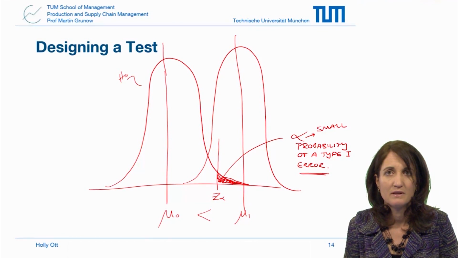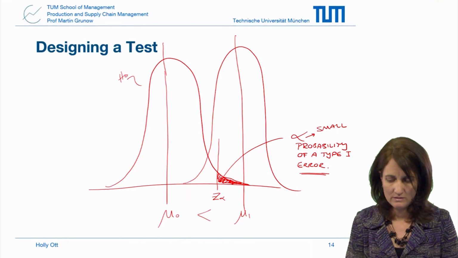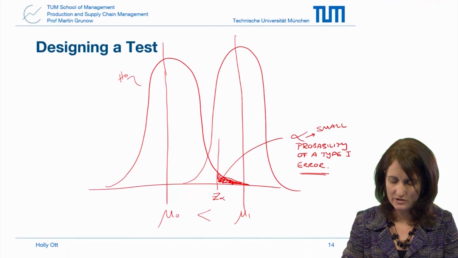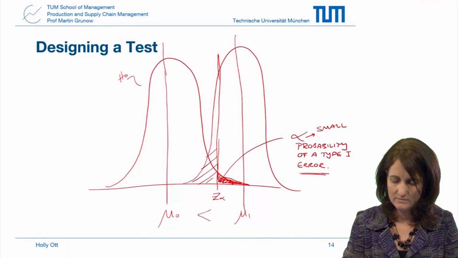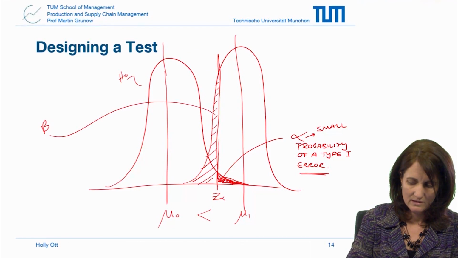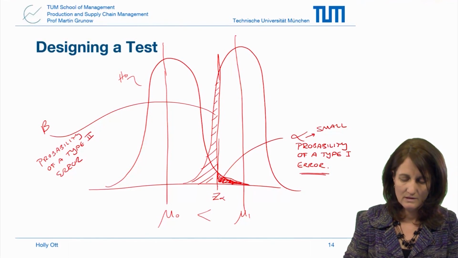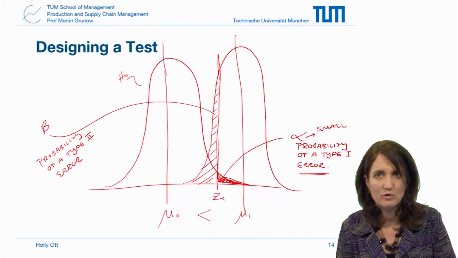Now, if you look, the probability of a type 2 error, my picture here is going to be here. This is beta, the probability, and here the probability of the type 2 error.